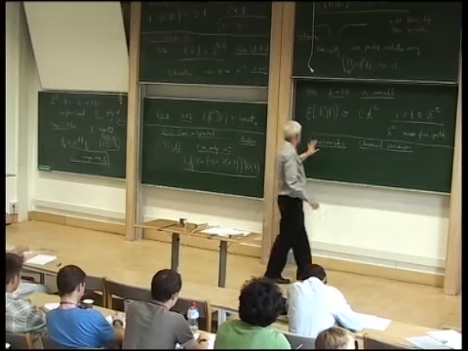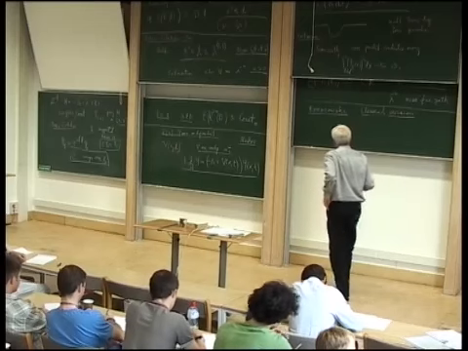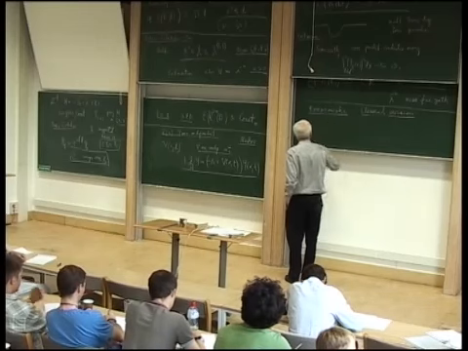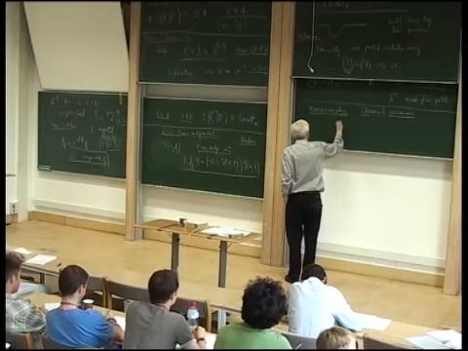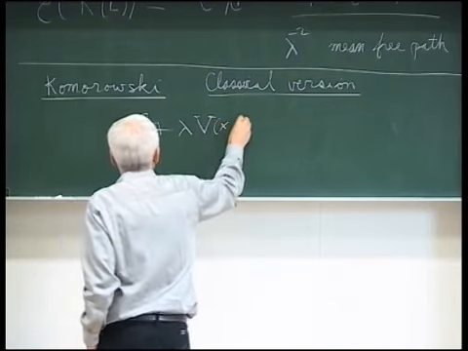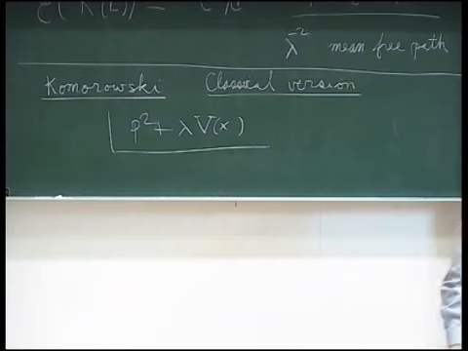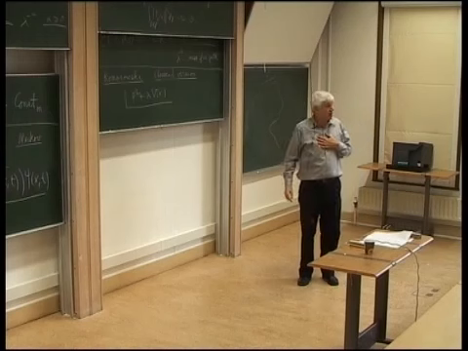Now really to do this classically, what is the statement? So the statement is something like this. I have a potential. I have p squared plus lambda v. That's my Hamiltonian. And I will assume my v is, let's say, bounded but fluctuating in space. And then I look at the Hamiltonian equations of motion.